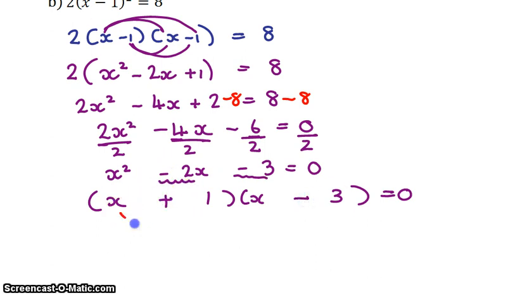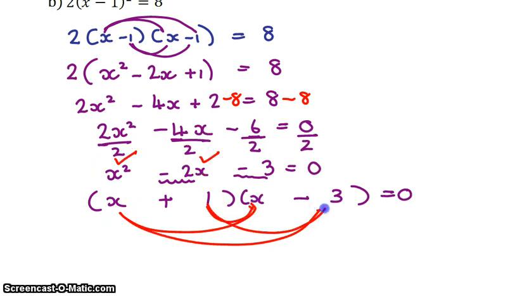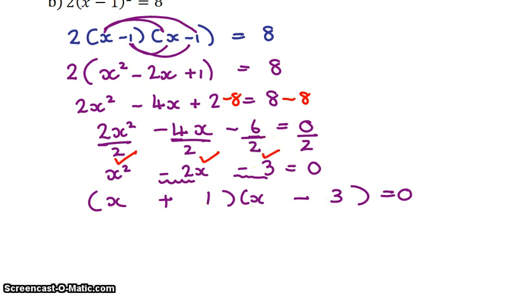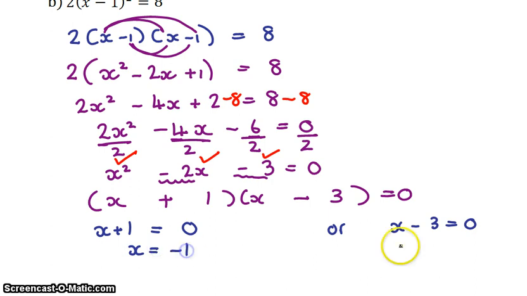Now let me check. x squared minus 3x plus an x, minus 2x, and minus times a plus would be negative 3. Great, so I have two things multiplied together to give me 0. So either x plus 1 must be 0, or x minus 3 must be 0. So I could minus 1 from both sides, and I can add 3 to both sides. And again, I would go and check whether those worked out.